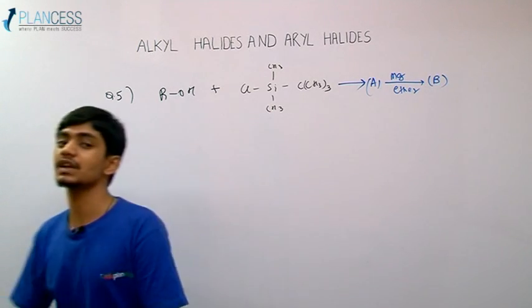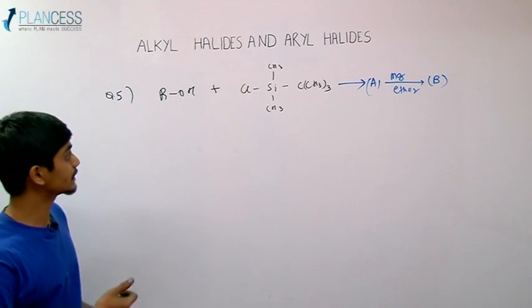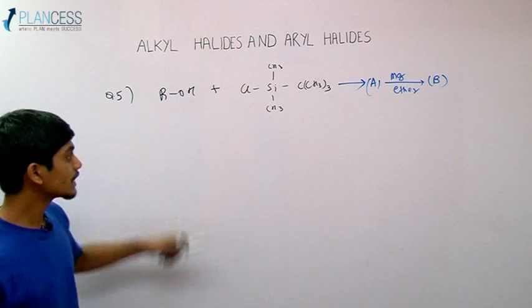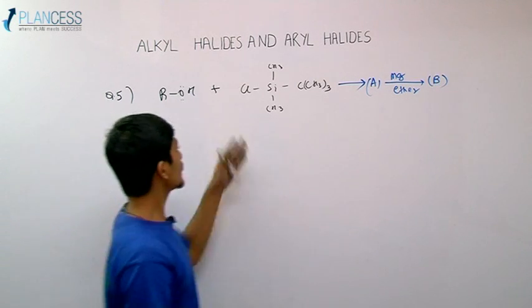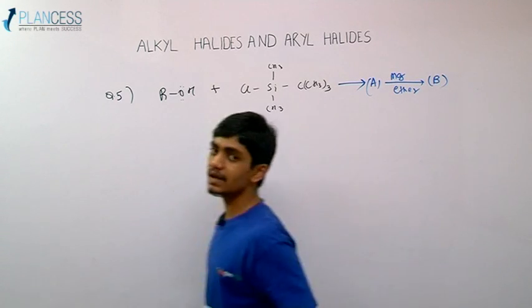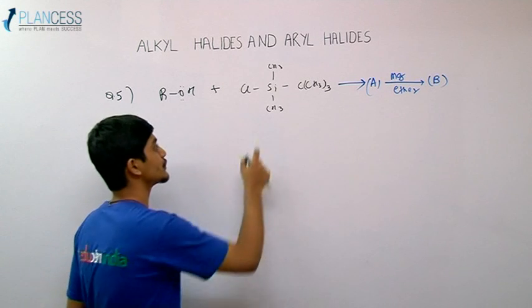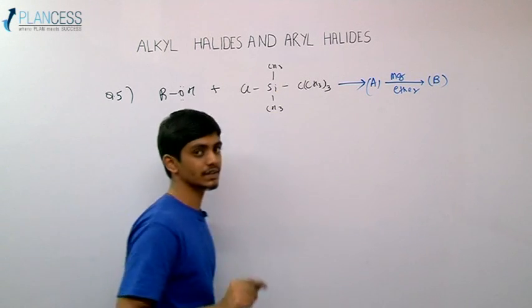So can you think of any reaction which is possible? Yes, I can think of this chlorine and this alcohol. We know that this is a nucleophile, it has got lone pair of electrons, and there is a good leaving group present on the silicon. This is a simple example of an SN2 reaction, except for the fact that instead of carbon we have got a silicon. There is no other difference.